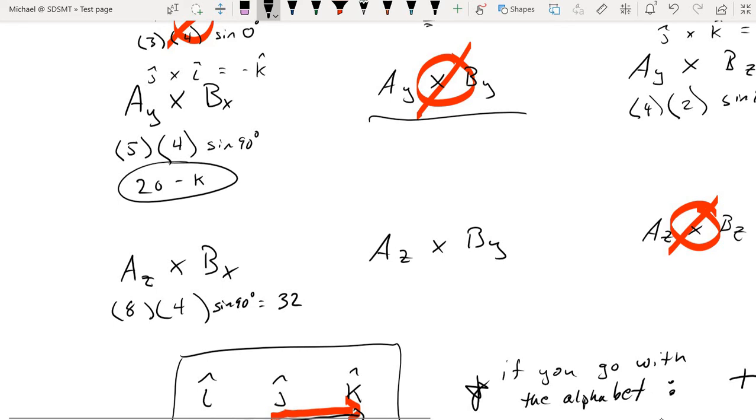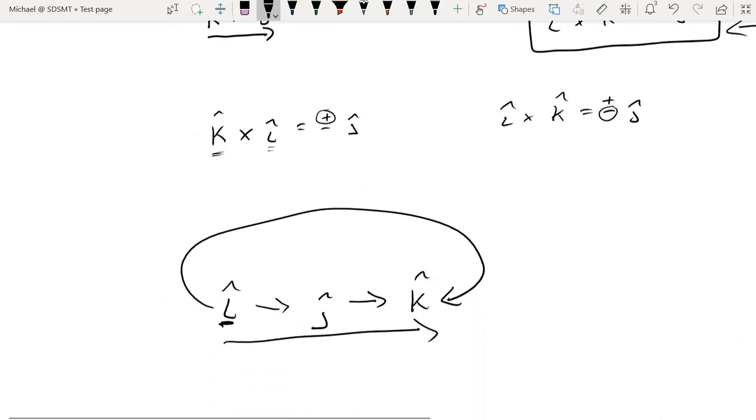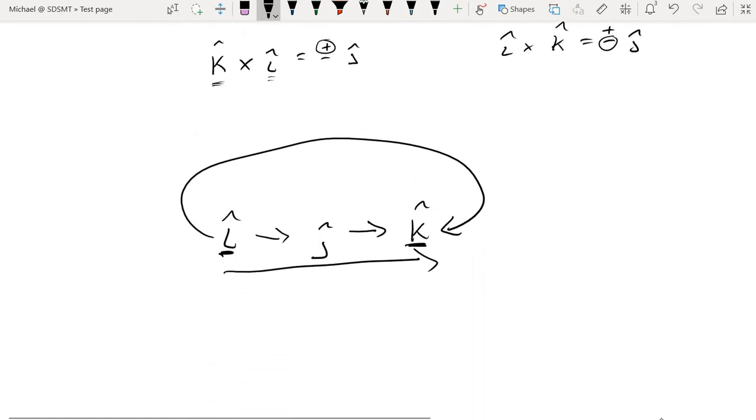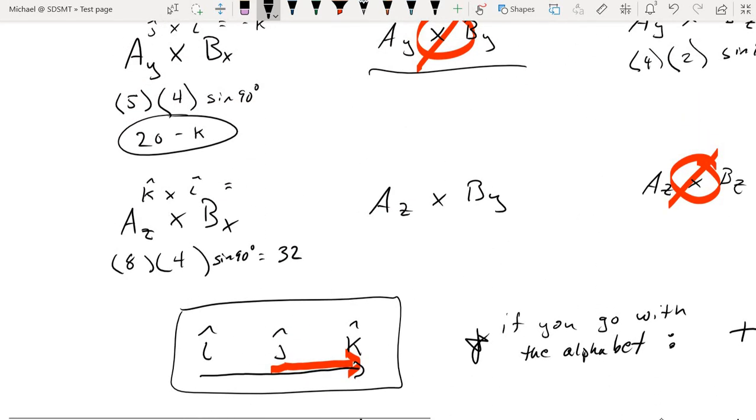Both of the components were positive, so we have positive K hat cross positive I hat. K hat cross I hat, that does go with the alphabet. We're starting at K, and we have to start over with the song. So K cross I equals positive J.